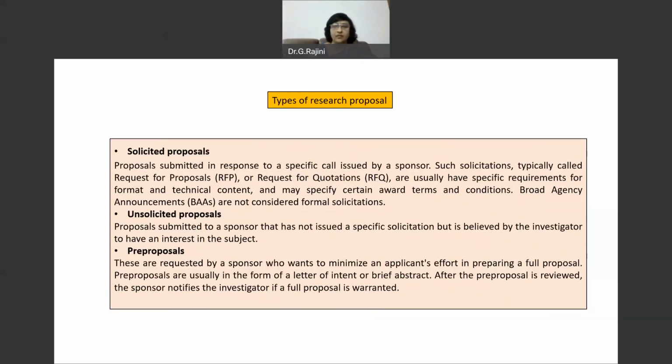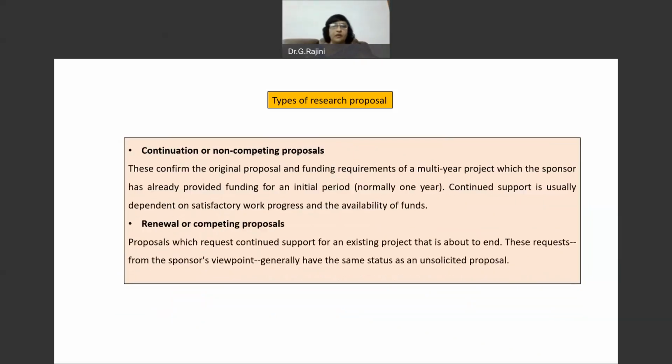Okay, so they call for an abstract. Supposing you want to publish something, first of all, you can write only an abstract, and if the abstract gets selected, then you can go for the full research article.